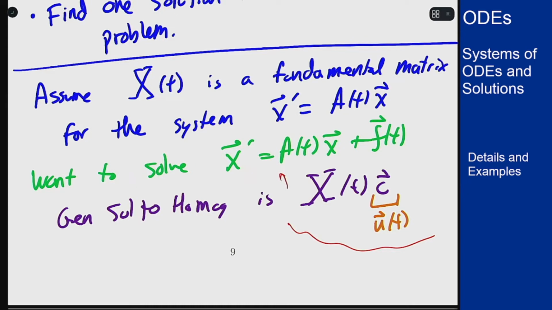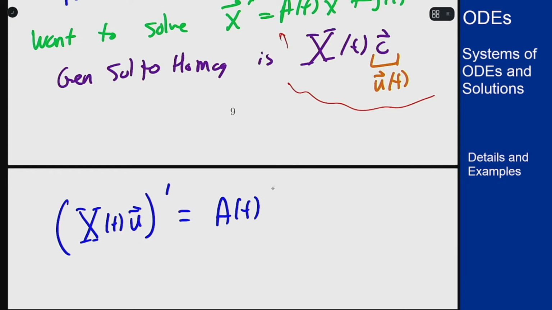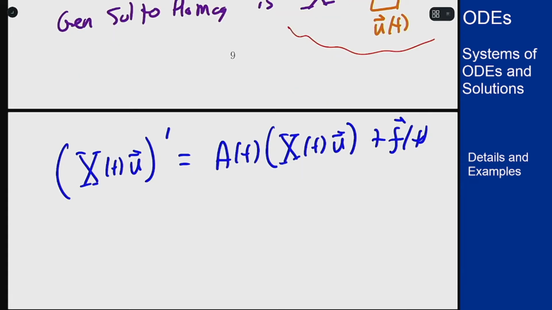And if we do that, we will get something like the following. We'll get the derivative of X of t times u equals A of t times X of t times u plus f of t. And this derivative here works like the product rule.